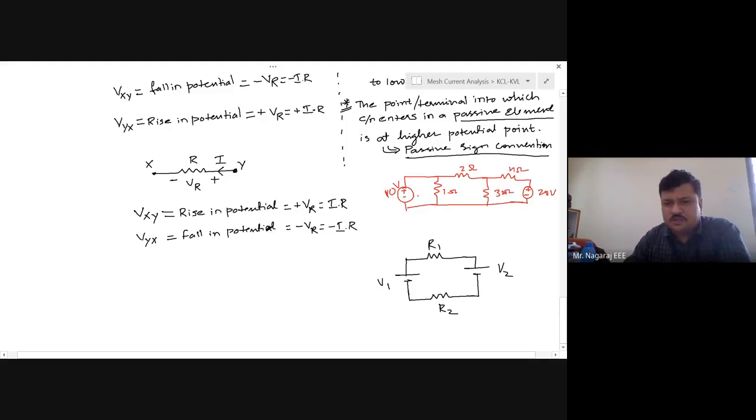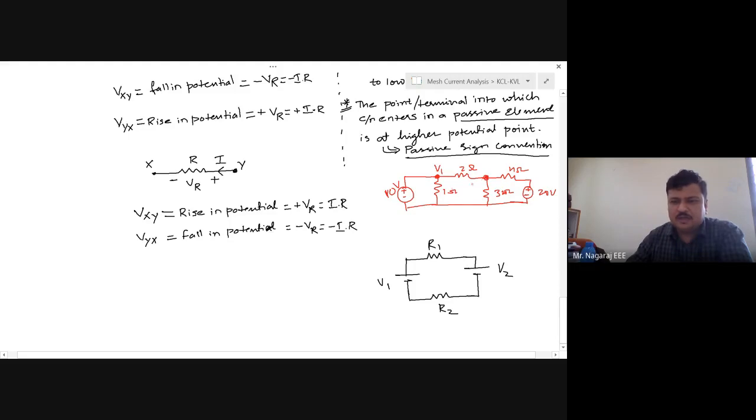What will be the direction of current in this first mesh? It depends upon the potential available at this node. If this node voltage V1 is greater than 10 volts, then the current will be anti-clockwise. If 10 volts is greater than V1, it will be clockwise.